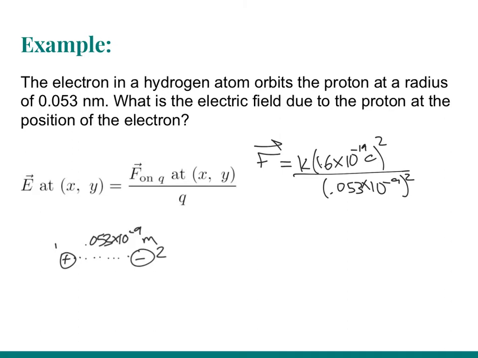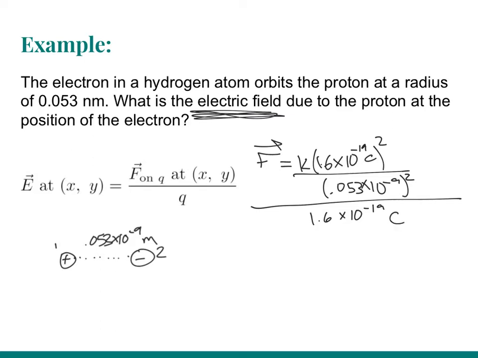To find the electric field due to the proton, you take that force and you divide it by the charge of the electron, which is 1.6 times 10 to the negative 19th coulombs.